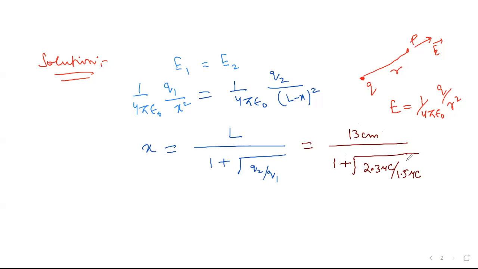This is in the square root, because our Q2 is 2.3 microcoulomb and our Q1 is 1.5 microcoulomb. So 13 centimeter over 1 plus square root of 2.3 microcoulomb over 1.5 microcoulomb. When you make this calculation, it turns out to be 5.8 centimeters.